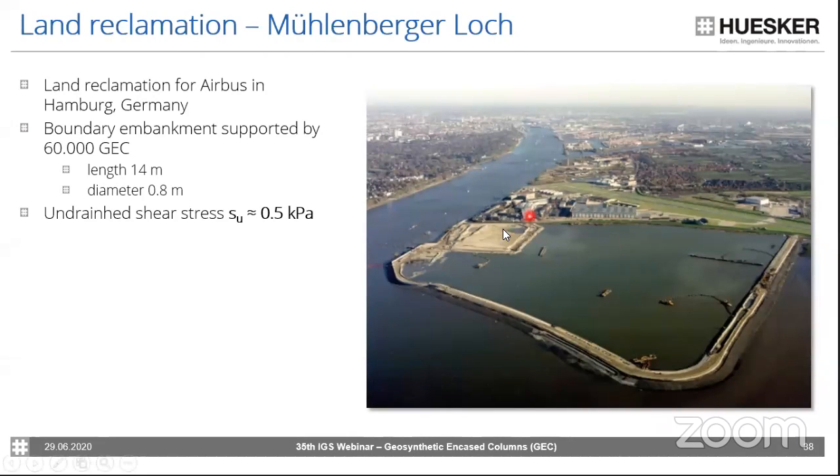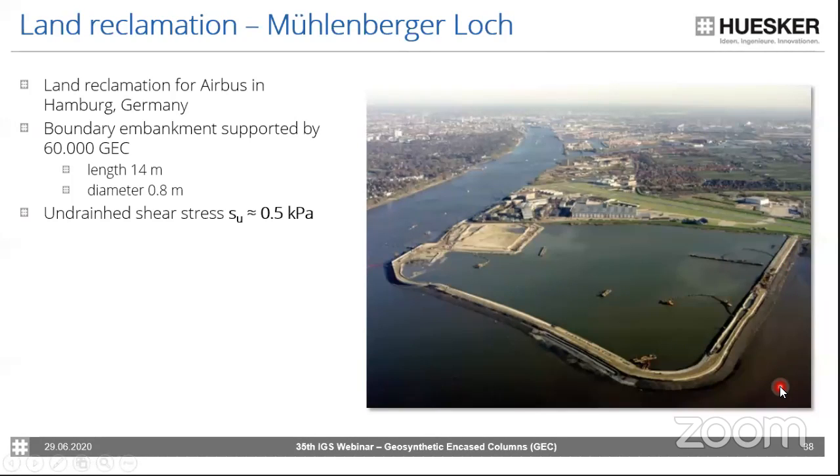So it wasn't possible to find any place in Hamburg to build this facility, and therefore it was decided to extend their facility into the river Elbe. And you can imagine these are all marine clays and sediments and very organic sediments.